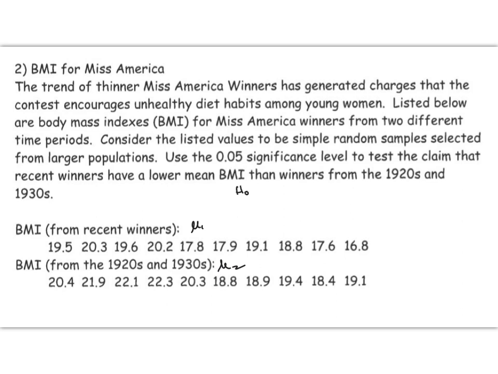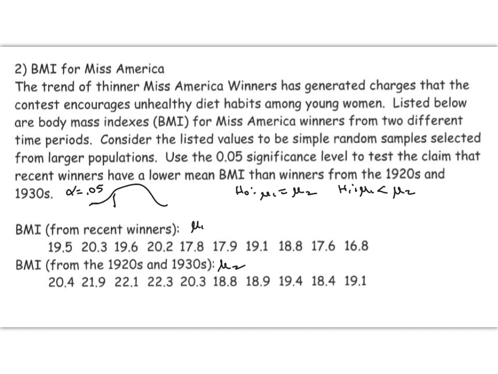So my null hypothesis is that mean 1 equals mean 2. And then my alternative hypothesis, let's see, we're testing that recent winners have lower. So mean 1 is less than mean 2. That is going to be a left tail test, and I'm using an alpha of 0.05.